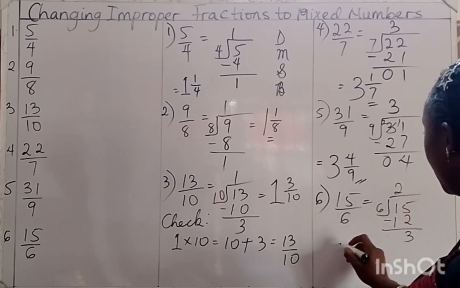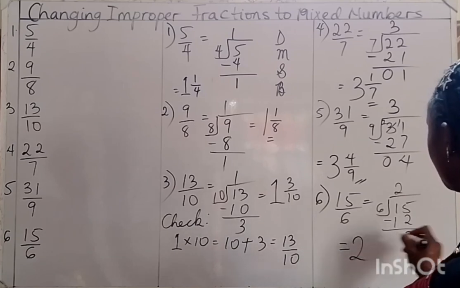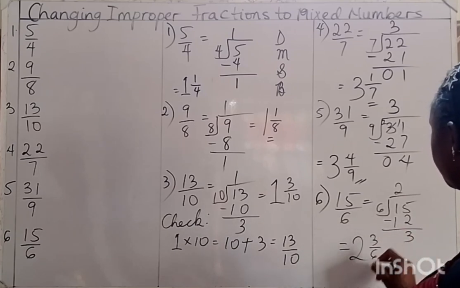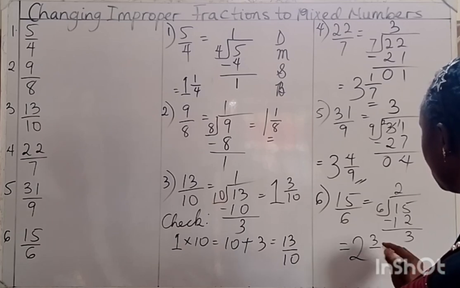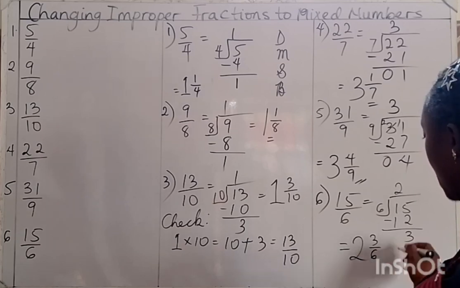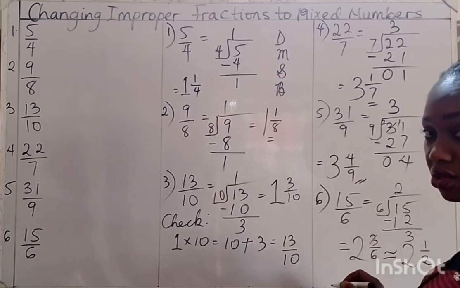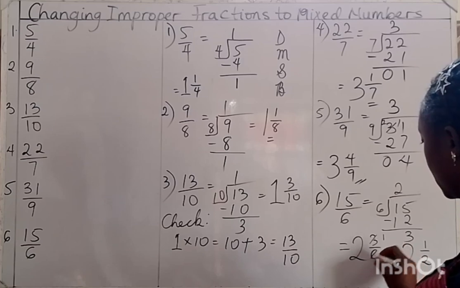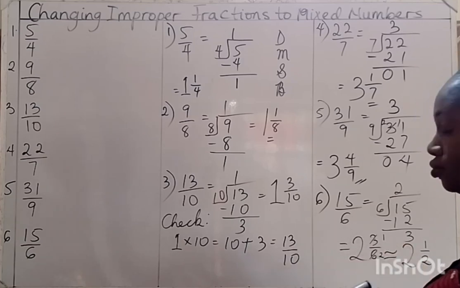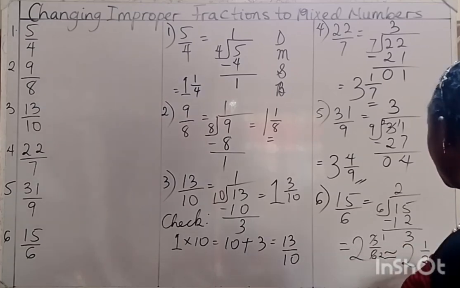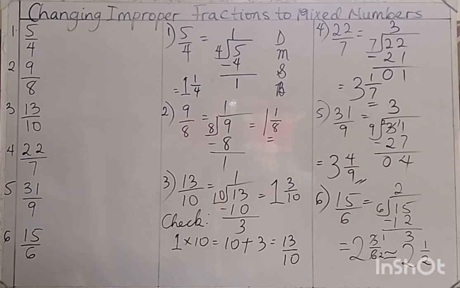Then our answer becomes 2 wholes, 3/6. And we can also reduce this to 2 wholes, 1/2, because 3 divided by 3 gives us 1, and 6 divided by 3 gives us 2. So that's why we have 2 wholes, 1/2.